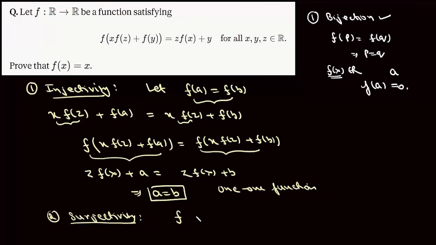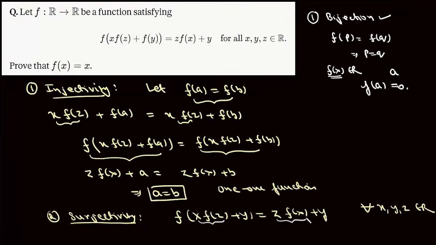Now we are given that this function f(x f(z) plus y) is equal to z f(x) plus y for all x, y, z belongs to R. Now if we fix x and z, so we have fixed this term.